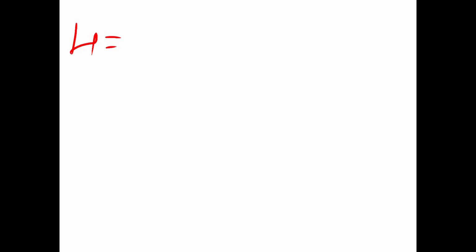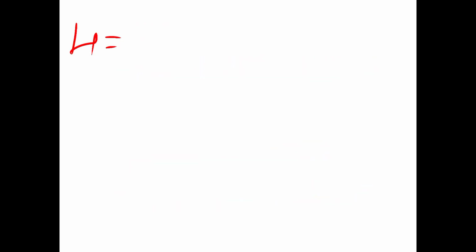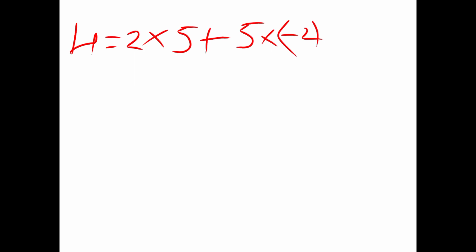Only two of them are correct. For a correct answer she will be given 5 marks, and plus 5 are incorrect. For incorrect answers she will be given negative 2. And for three questions which she did not attempt, she will be given 0 marks.